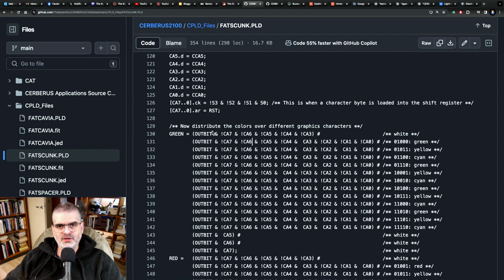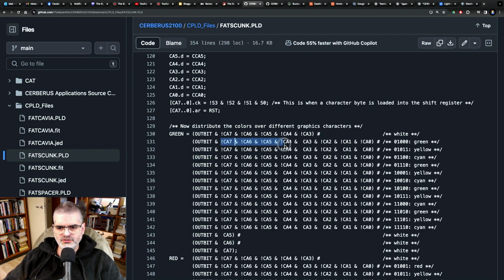In other words, we cannot be printing the background. And when out bit is 1, we are doing a foreground color. So all of this only happens when out bit is 1, when you're dealing with the foreground. When out bit is 0, that's the background, we do nothing, the screen stays black.